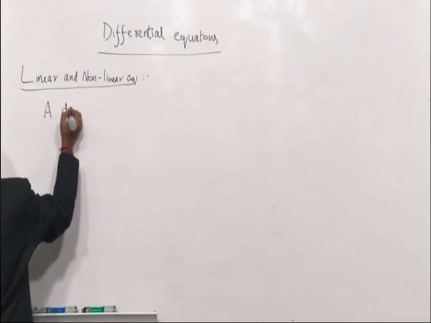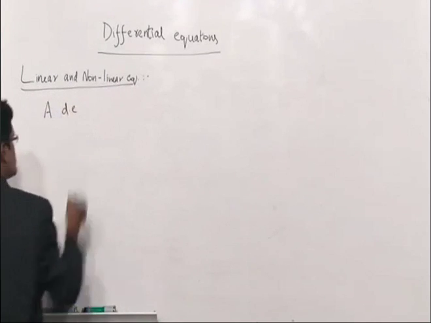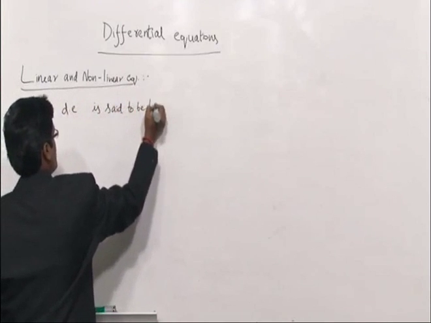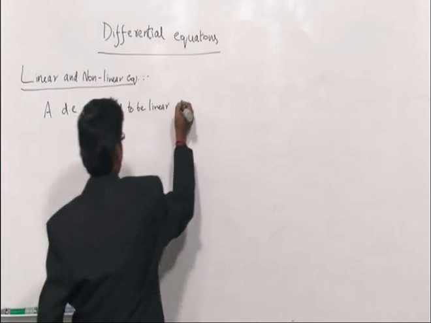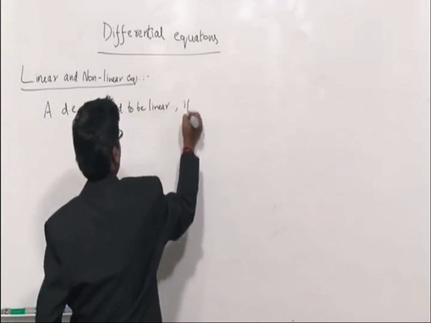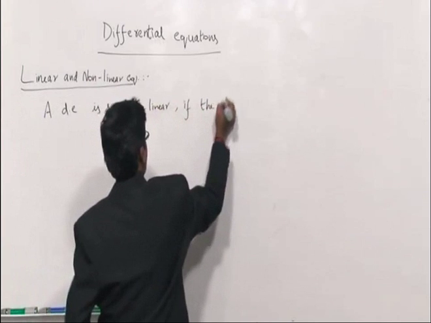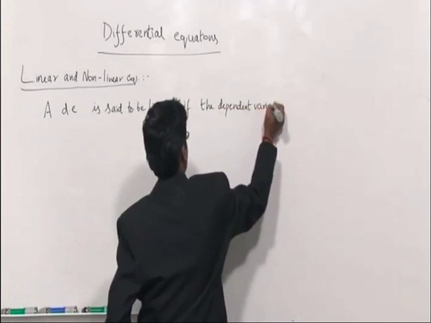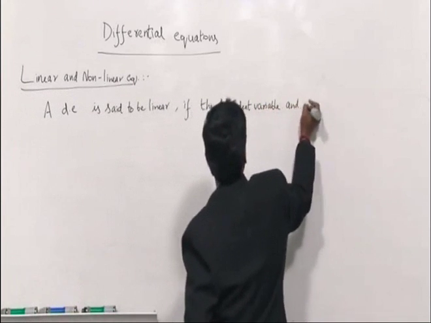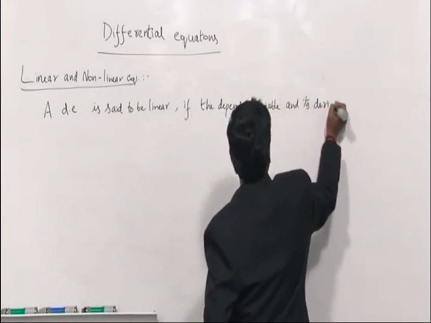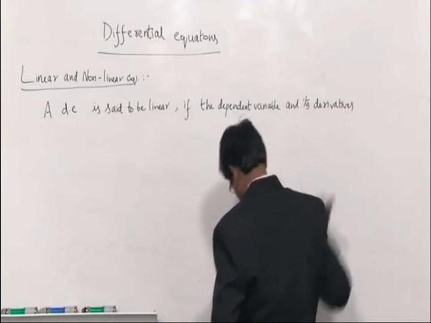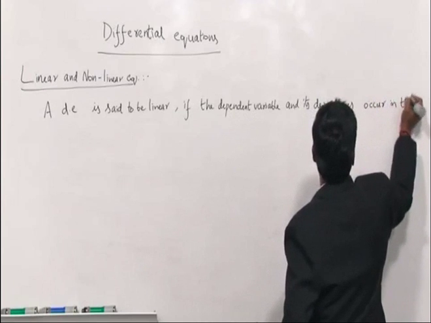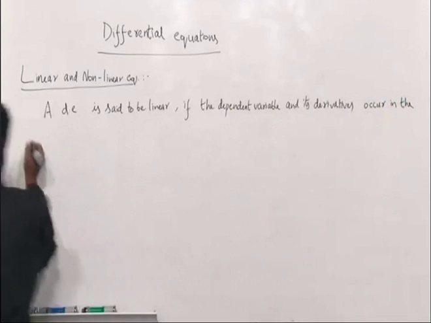A differential equation is said to be linear if the dependent variable and its derivatives occur in the first degree only.